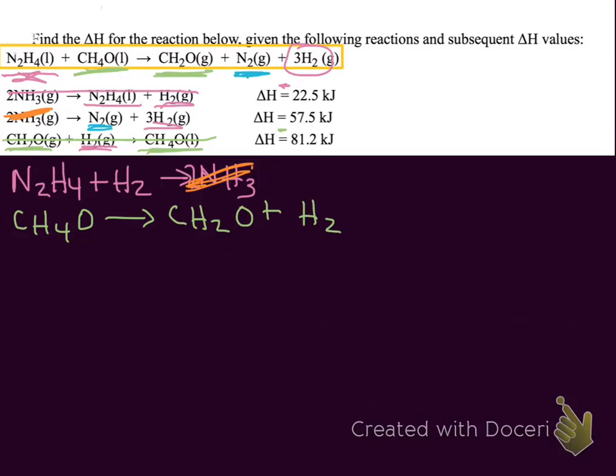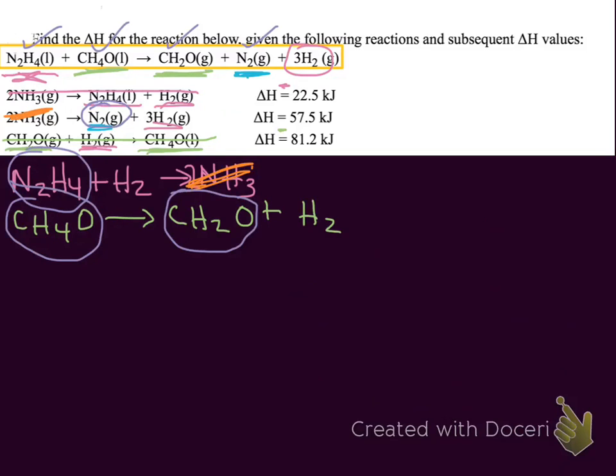We know that we are going to want to keep the N2, so that's there. The N2H4, that's there. This is here. This is just, by the way, to double check. This actually isn't even necessary if you think you've got it right. All right, so we've got everything.